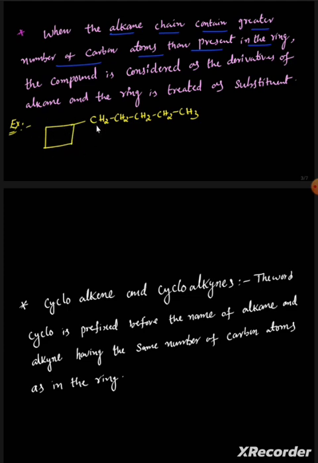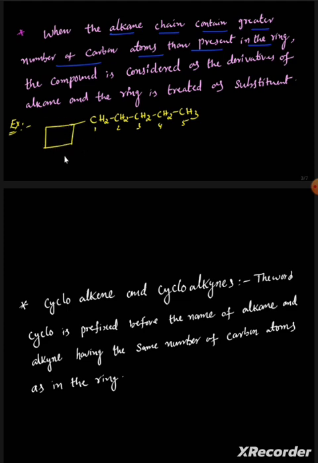Here first carbon, second carbon, third carbon, fourth carbon, fifth carbon. The 5-carbon chain we call the root word pentane, and the ring is taken as a substituent.